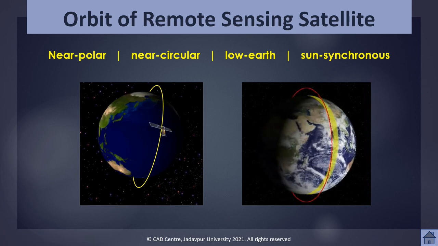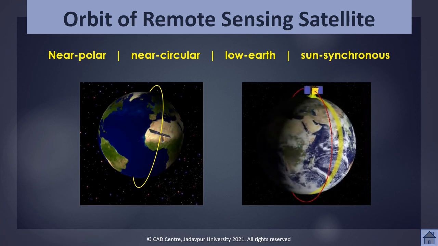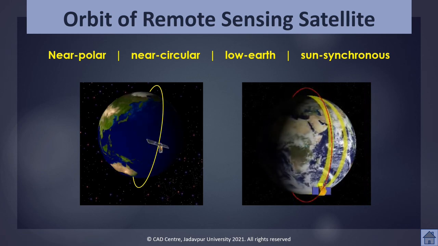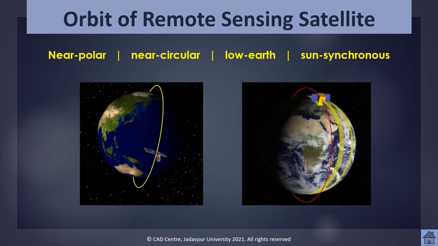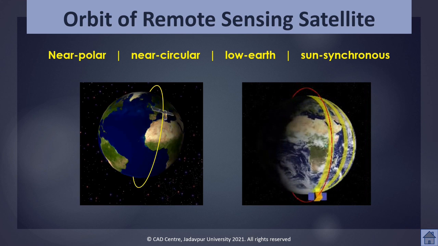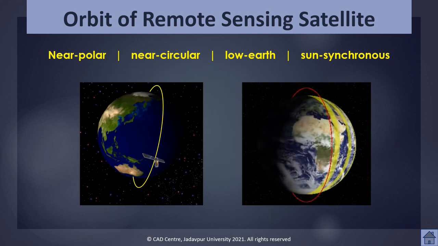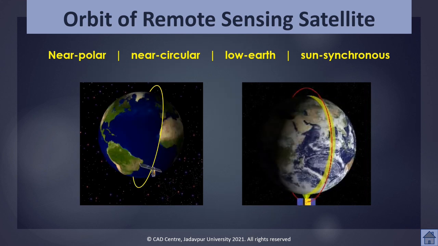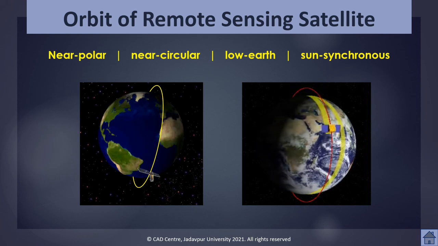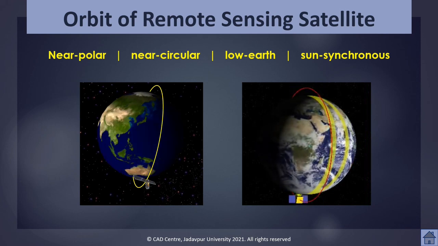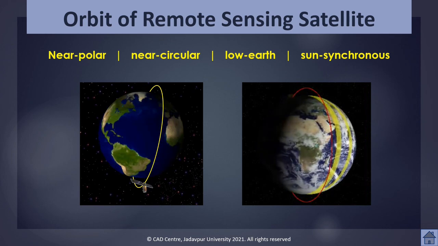So in summary, in case of remote sensing satellite, we should have near polar orientation. Means the satellite should move over the poles, and the angle in between the equatorial plane and the orbital plane should be almost 90°.